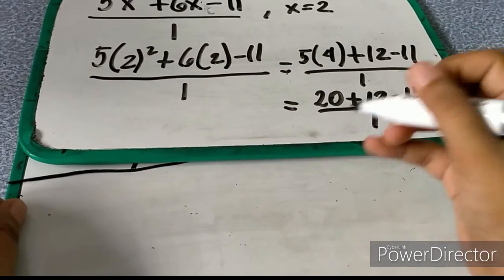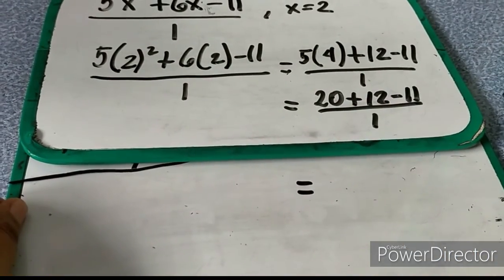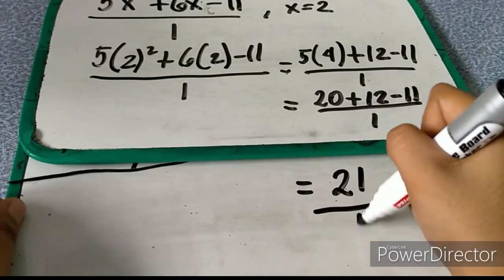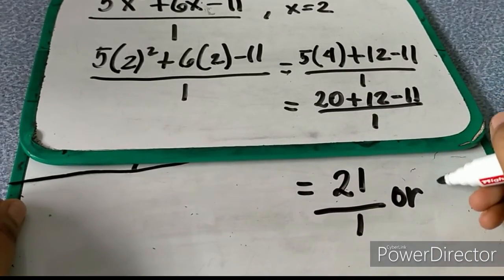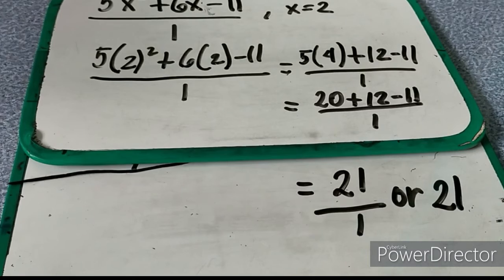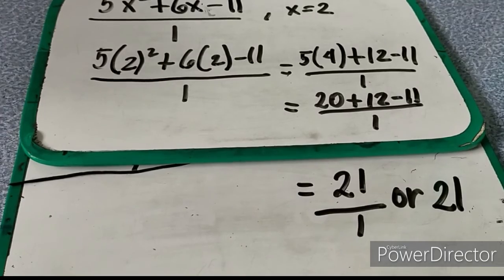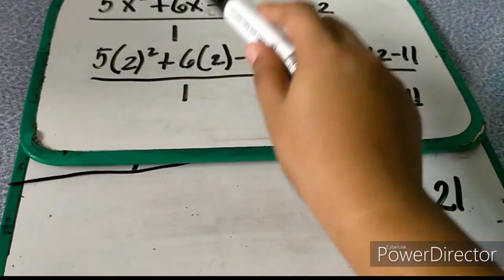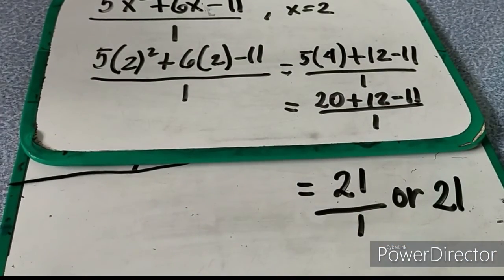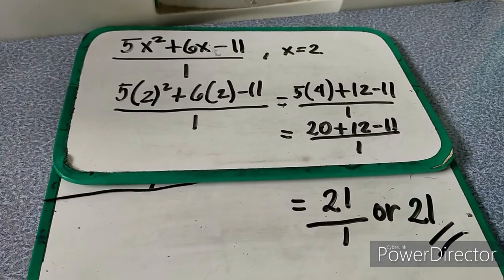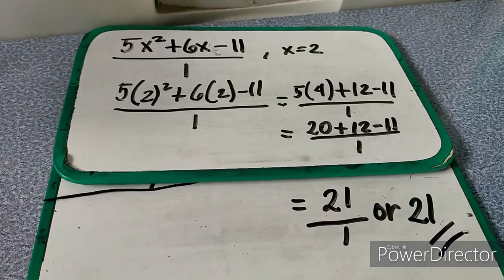And 32 minus 11, it is 21 over 1, or simply 21. Meaning, when our x is equal to 2, the expression 5x squared plus 6x minus 11 over 1 is equal to 21. Made our expression defined by the use of the value x is equal to 2.